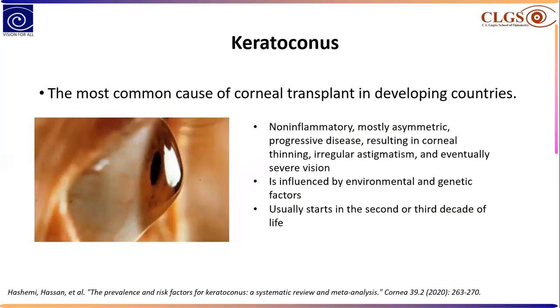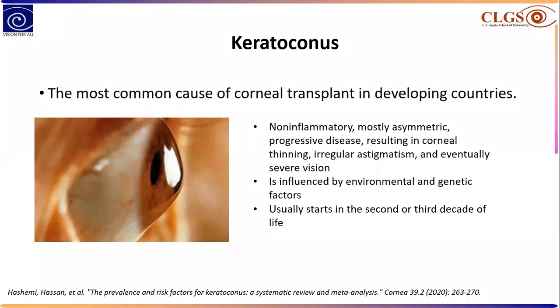So why do we need cornea collagen cross-linking? Most of the time, almost 99% of the time, it is for the ectatic diseases, and one of the most common ectatic diseases is keratoconus. This is only a brief summary about keratoconus.